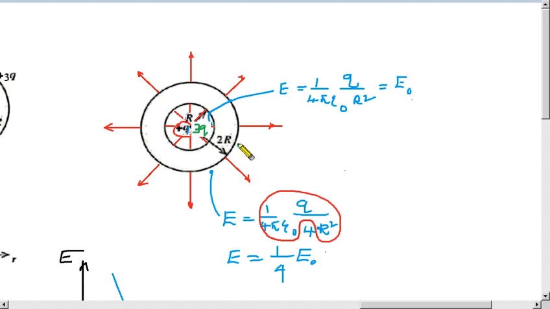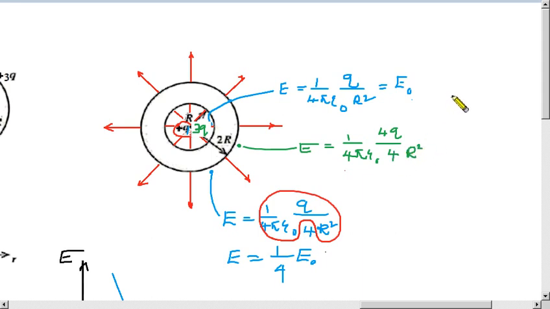So now we are calculating the real electric field due to both charges. So this one is 1 over 4 pi epsilon naught. Then how many charges? 3Q plus Q. Totally inside there are 4Q. Then divide by 2 times R squared, that means 2R, the total thing squared, which is 4 times R squared.